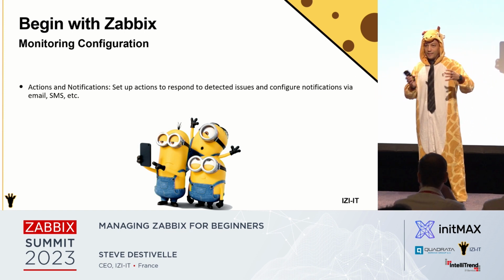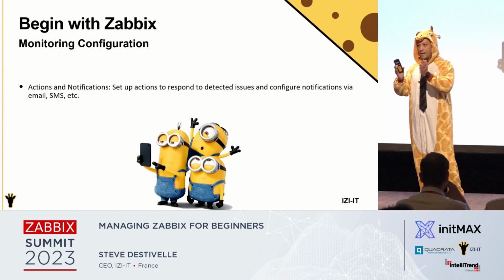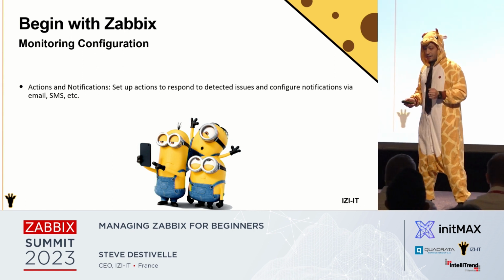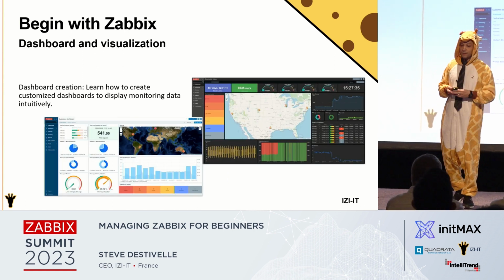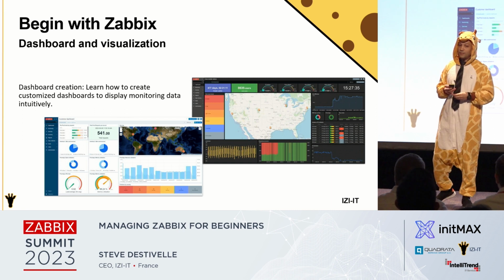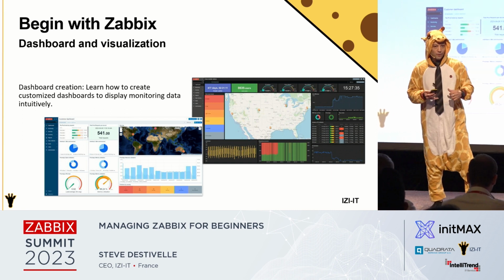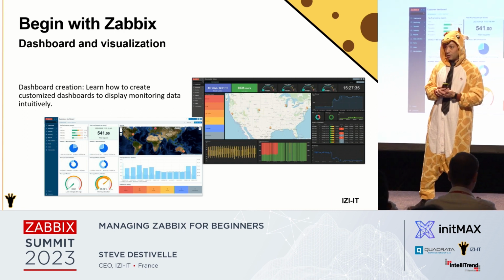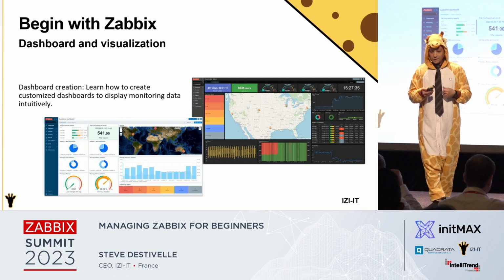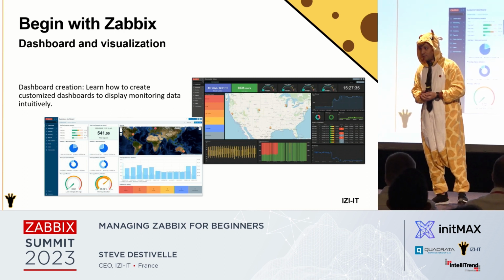So use data collection, templates, actions, notifications, and after that you need to create dashboards, because this is an essential part of representing the data that you have in your Zabbix database with the front end.